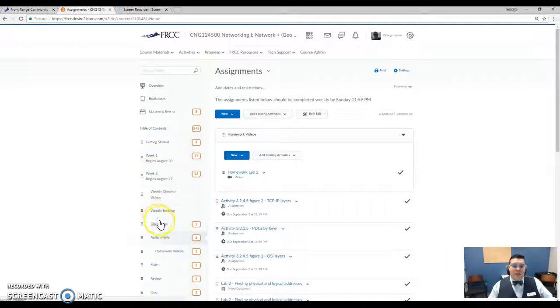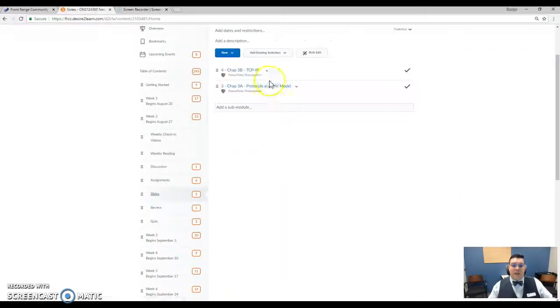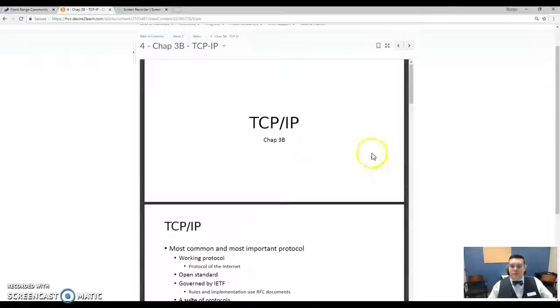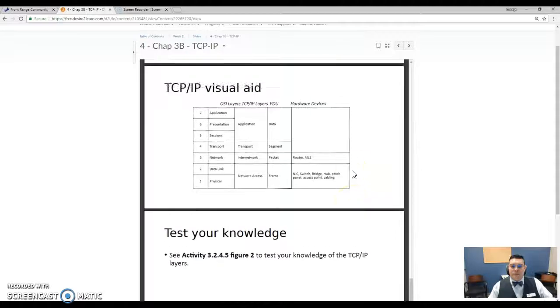Let's go back to week 2. Where's my notes at? Slides. You start to look at the PDUs, you know, a little bit bigger than data would be a segment, less than a frame would be a packet, so a bit or packets.